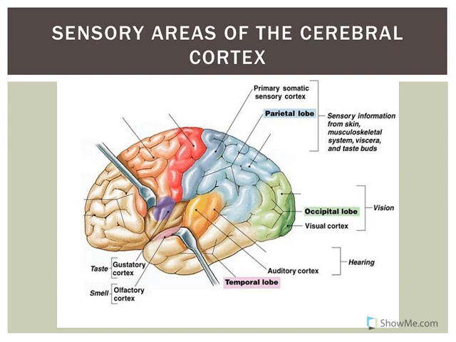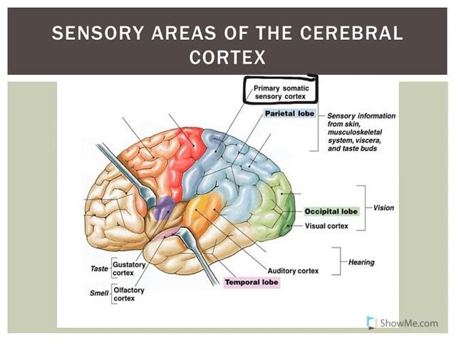So the sensory areas include, you'll notice there's a lot of different parts of the brain involved in sensory function. And the first one is called the primary somatic sensory cortex, or you can call it the primary somatosensory cortex, all one word.